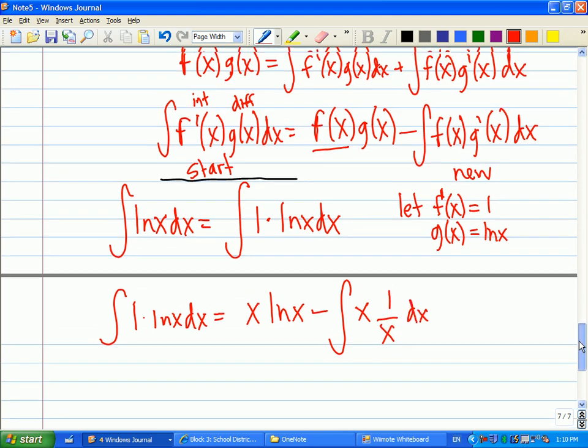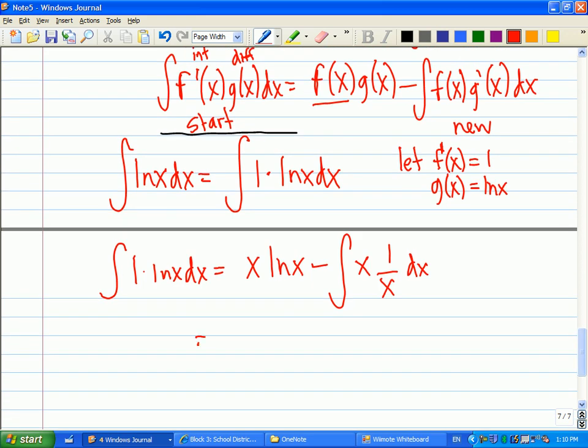So the new integral that I get is easier to work with. It's going to be the integral of 1, since those would disappear, dx. So I get x natural log x, take away x, plus a constant.